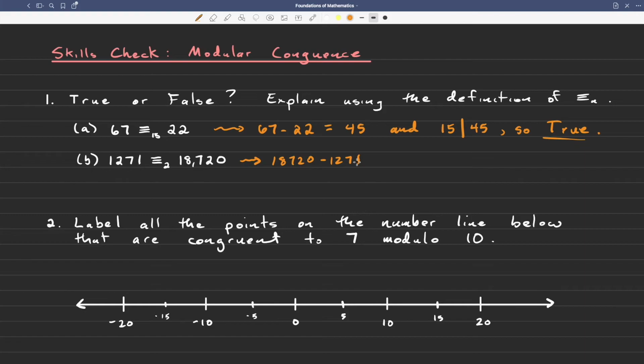It doesn't really make a difference which way you subtract. Maybe I'll subtract them vertically just to make it a little easier. 2 does not divide 17,449 because that's an odd number, and 2 doesn't divide an odd number. So this is false. Those two numbers are not congruent modulo 2.